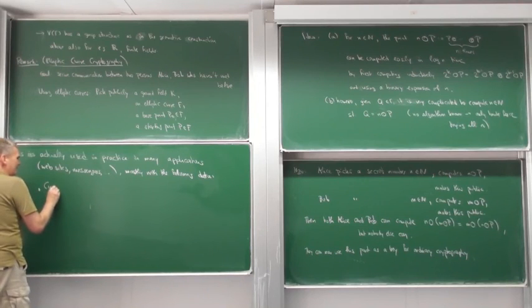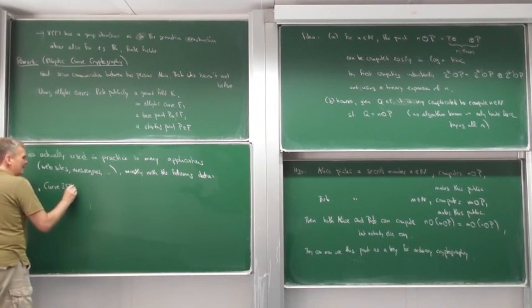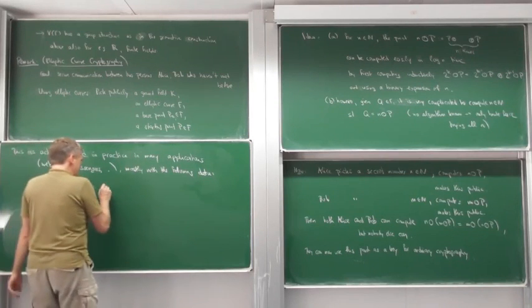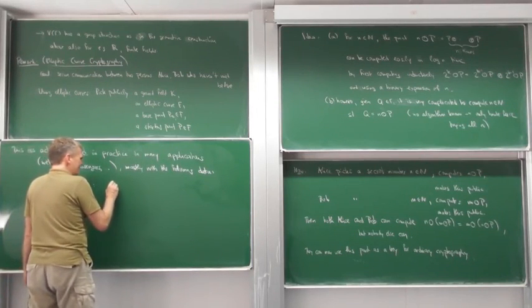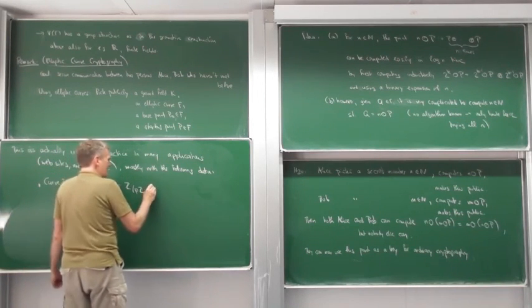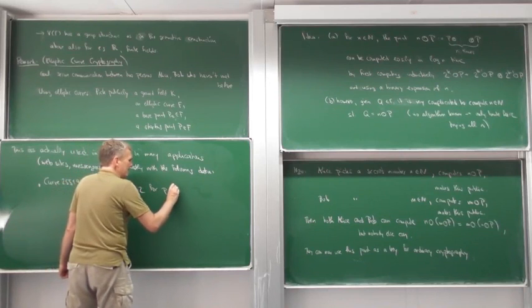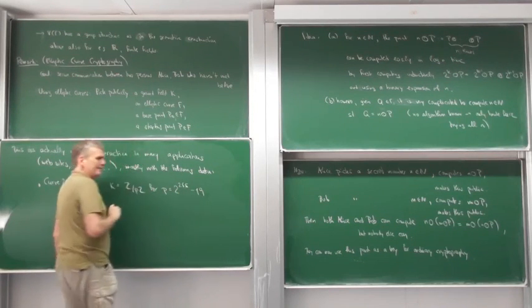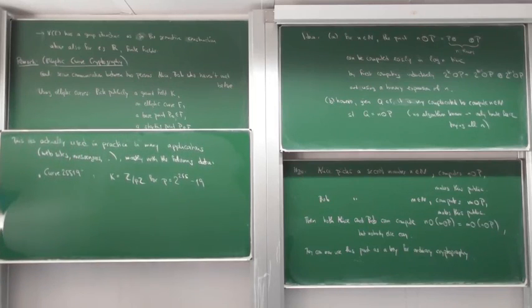That's Curve25519. And the reason is because the ground field K is Z mod p Z, where p is the prime number 2 to the 255 minus 19. That's a very, very large number, but a prime number, as one can show.